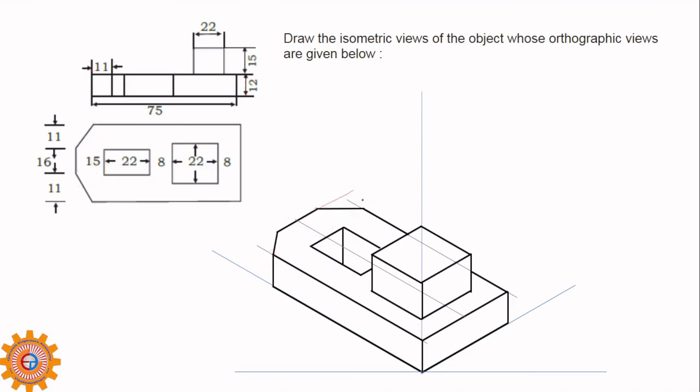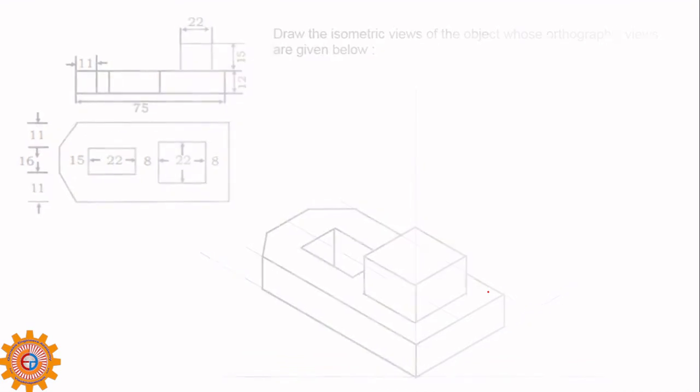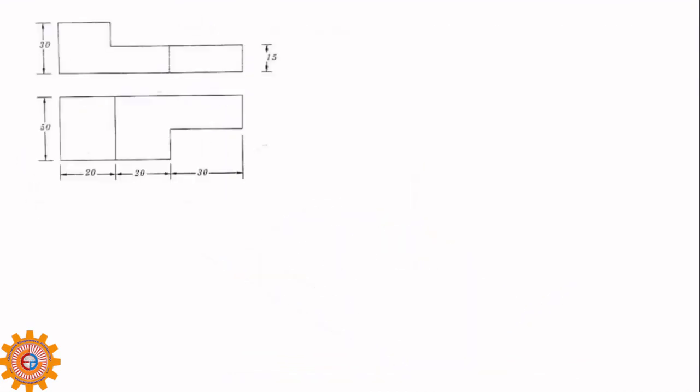Okay. So this length is 11. This length is also 11. Okay, right. See this. If you clearly observe, okay, I will try to explain here itself. You can also draw like this.